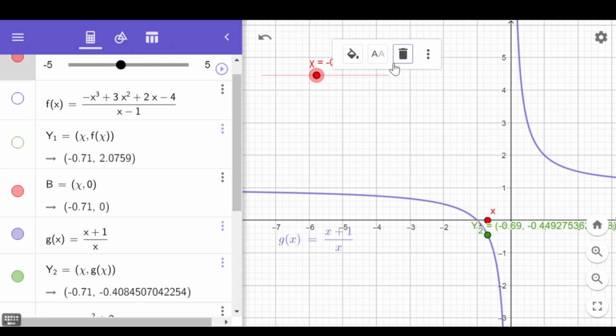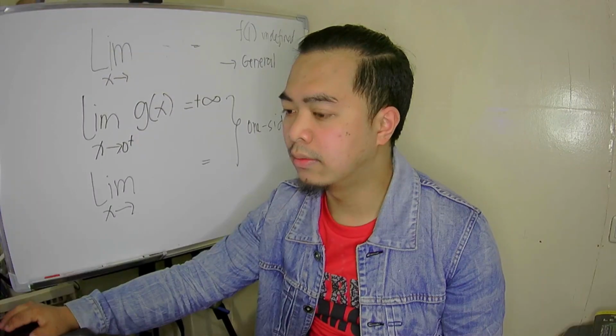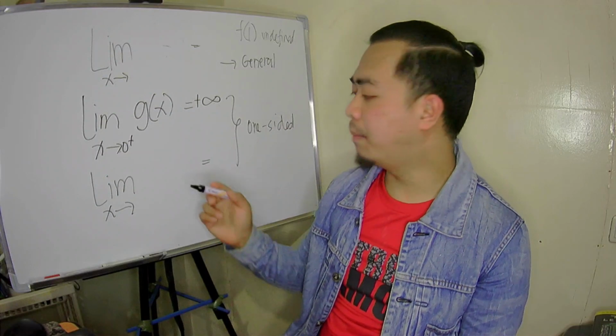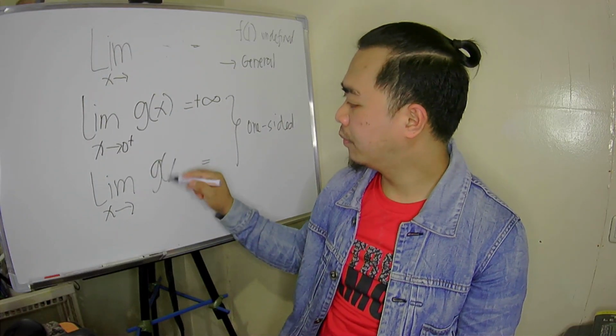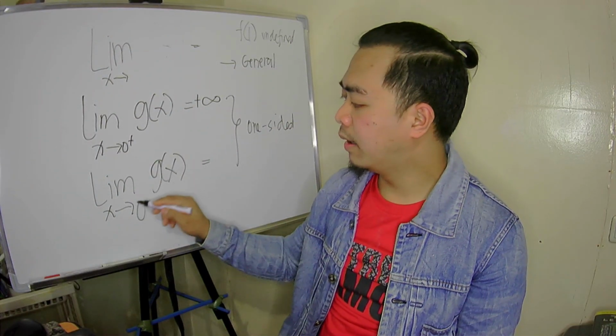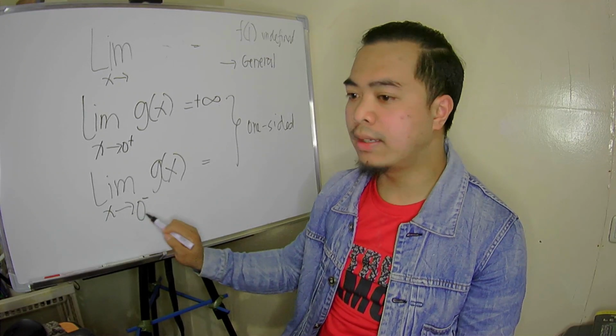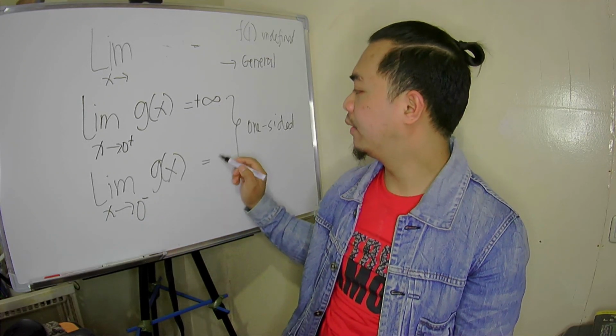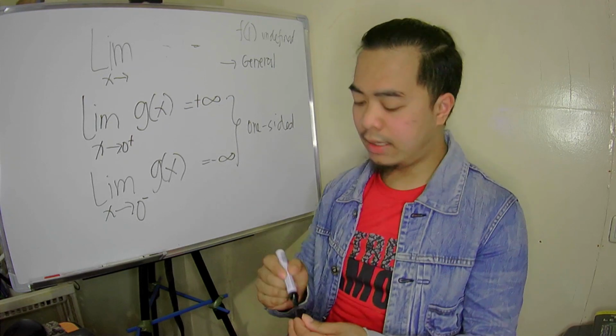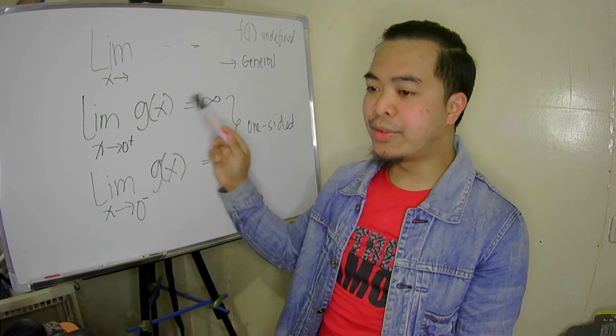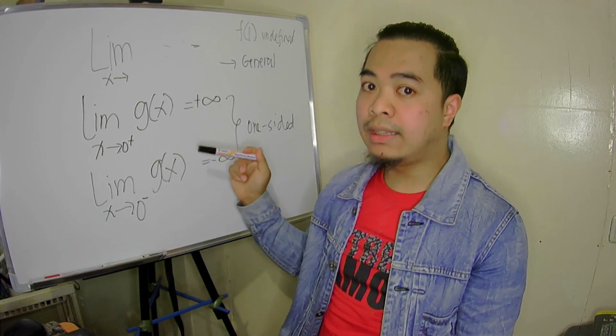Sir, the value of y is decreasing. The value of y is decreasing or it is approaching ano? It is approaching this time. It is approaching. So x is approaching 0. Sir, it is approaching negative. So these are the results of our one-sided limits.